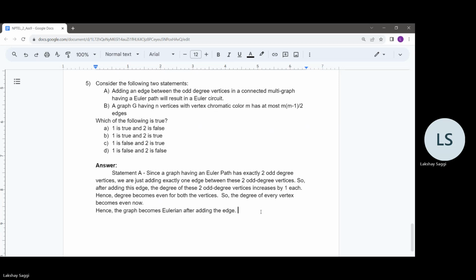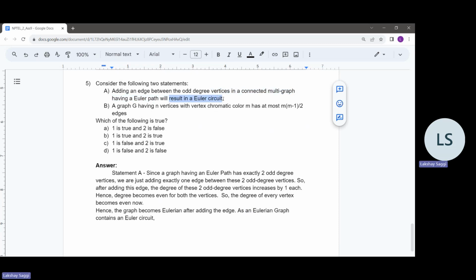So essentially, adding this edge results in an Euler circuit.